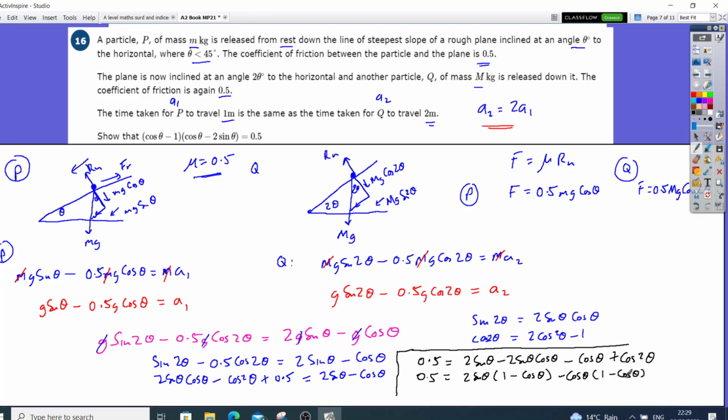Now I've got a minus cos theta here, minus 1 cos theta here, so I'm going to get 0.5 equals, and the common factor in both of them is 1 minus cos theta, which is being timesed by 2 sine theta minus cos theta.